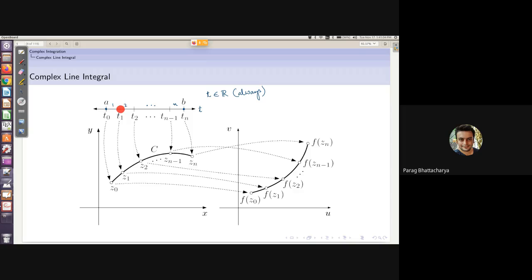Similarly, if I take the t1 value, it is going to give me a point z1. t2 is going to give me z2, and so on. tn minus 1 is going to give me a point zn minus 1, and tn, which is b, is going to give me a point zn. So for all of these points on the subintervals, we have corresponding points on the complex plane. As you move from a to b on the real axis, on the complex plane you're moving from z0 to zn. So this is the whole idea of parameterization.